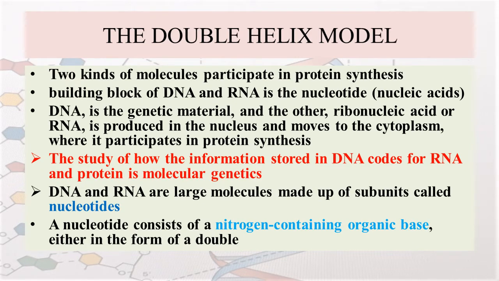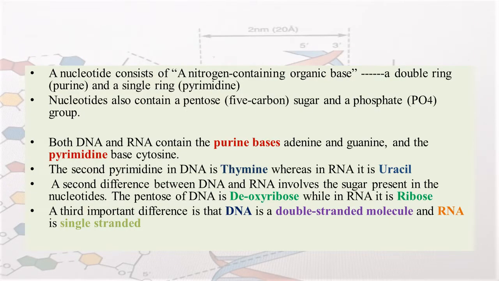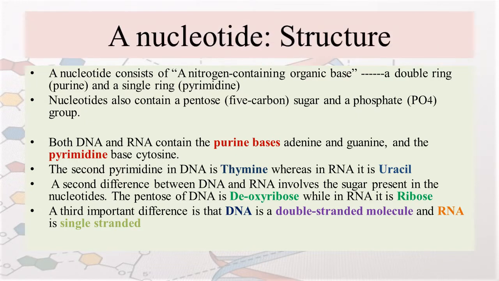DNA and RNA are larger molecules which are made up of important subunits which are called nucleotides. A nucleotide consists of a nitrogen-containing organic base, either in the form of a double or single ring. A nucleotide structure.